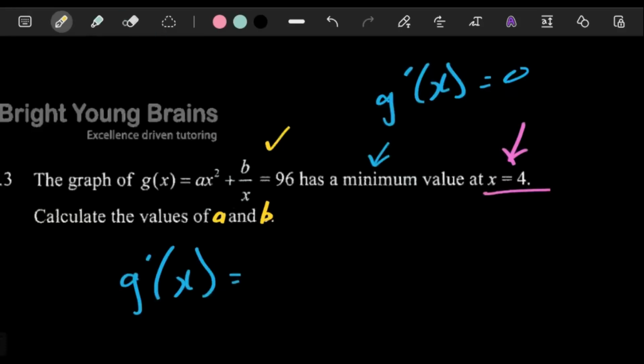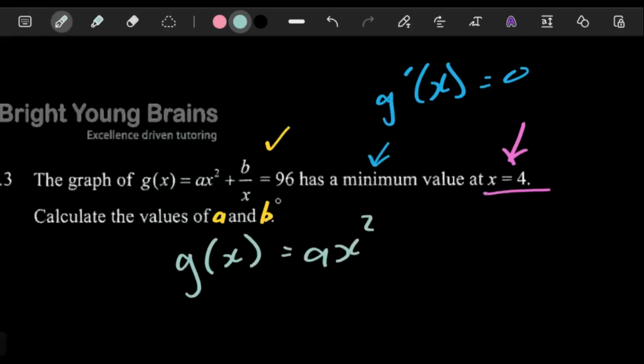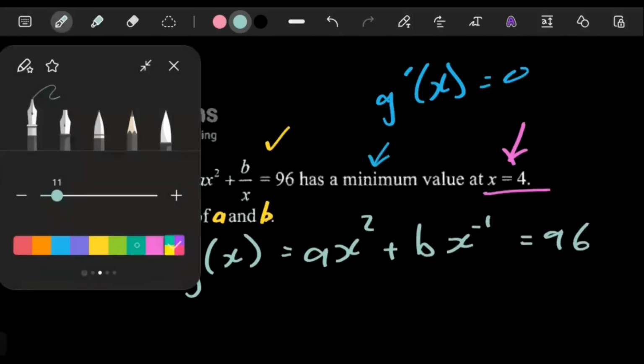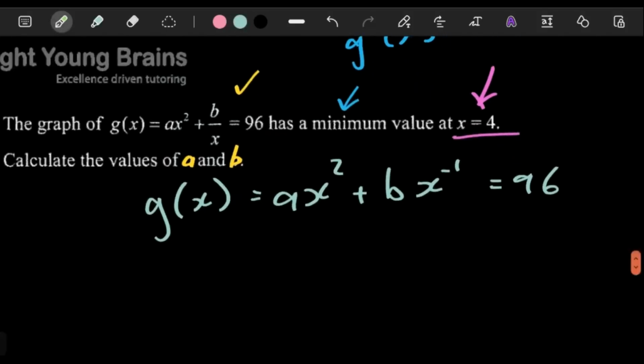Before we even get our first derivative, we just need to simplify this equation in a way that is manageable. Ax squared. So here the x can go on top, and here we are, equal to 96. So all this being done, what do we know?